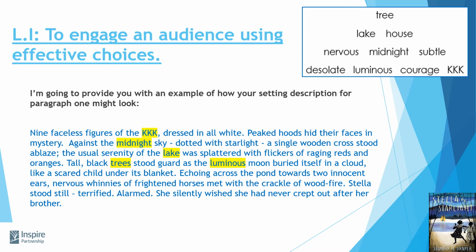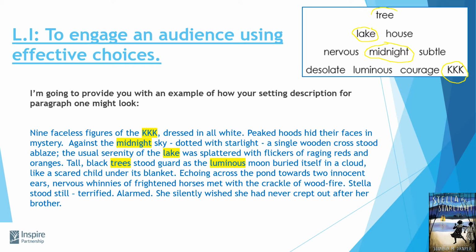Now you can see in that paragraph we've highlighted certain words in yellow, and they're the words that appear up here in the vocab pyramid. There's KKK, there's midnight, the word lake is here.